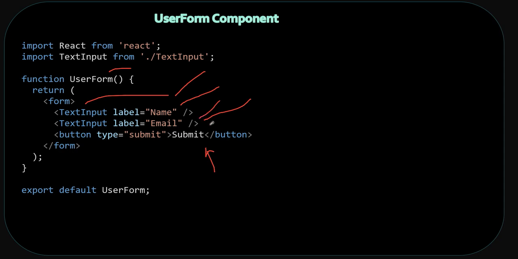In this scenario, as text input manages its own state for the value, and as we need it in the user form, we need to lift the state, meaning the state maintenance, instead of happening at the text input component, we need to maintain it at the user form. First let's demonstrate this example without lifting the state up, and I will try to show you how it is tough. Then we will try to solve this problem with lifting the state up.